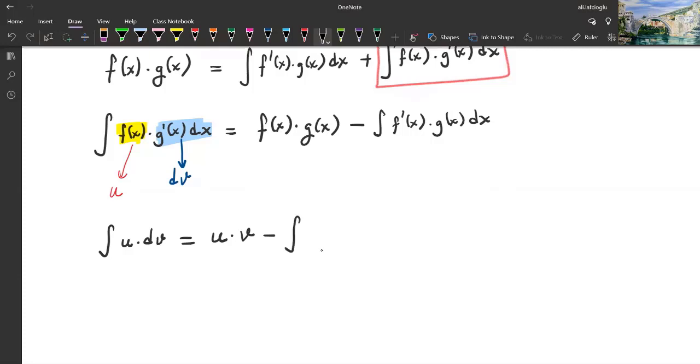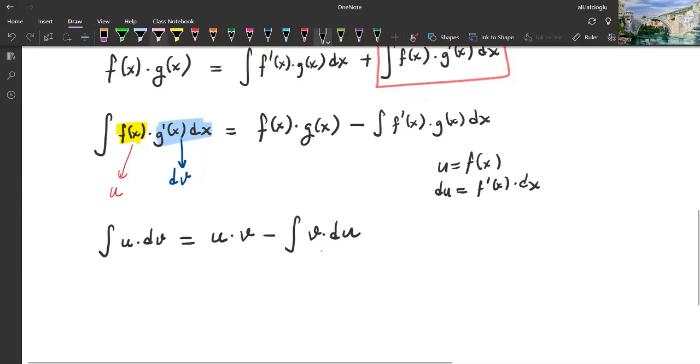So it will be u times v minus integral of, what is f prime? It will be u prime. But instead of u prime, I will write du. F prime of x times dx will be du. So it will be v du. If u is f of x, when you take the derivative of u, you will get f prime of x times dx.